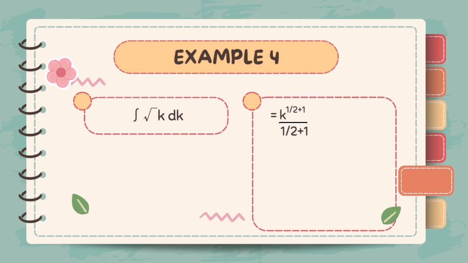It is because 1/2 as an exponent is equal to the square root. Moving on, 1/2 plus 1 is 3/2 over 3/2 plus the arbitrary constant. After that, we will multiply k raised to 3/2 by the reciprocal, which is 2/3. So, our final answer will be 2k raised to 3/2 over 3 plus c.